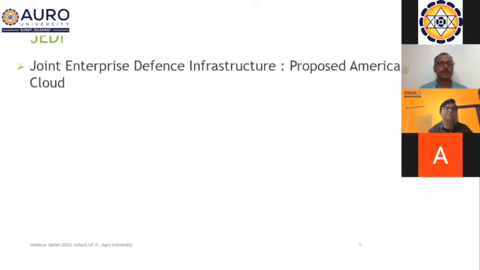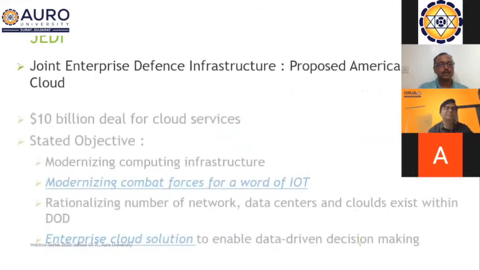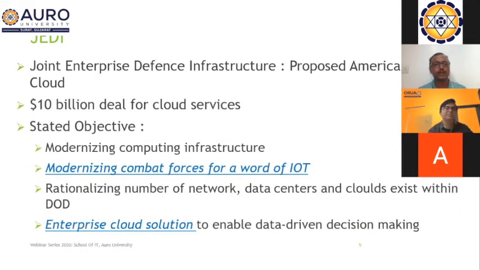Jedi is the Joint Enterprise Defense Infrastructure. This is a proposed American military cloud services contract. So remember, American military, and these are all other details about Jedi. Why are we talking about American military cloud services?